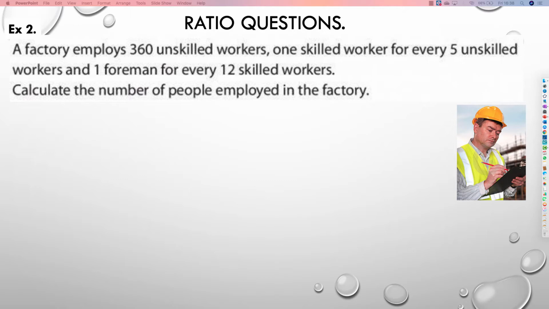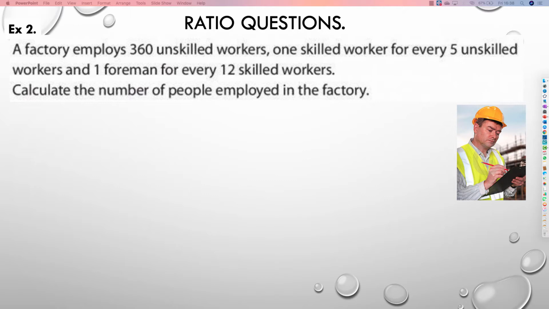How would you figure out how many skilled workers there are? 360 divided by 5 would work. And the last bit you mentioned. One foreman for every 12 skilled workers. So how are we going to figure that out?